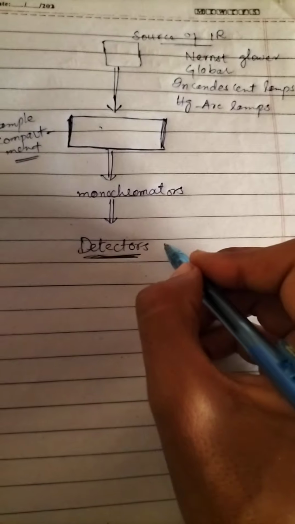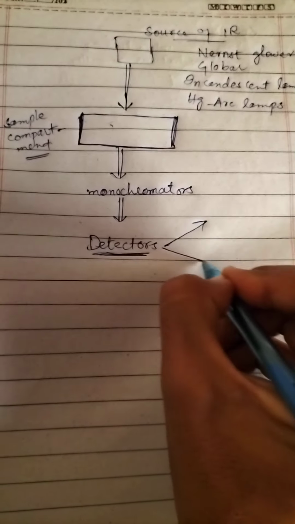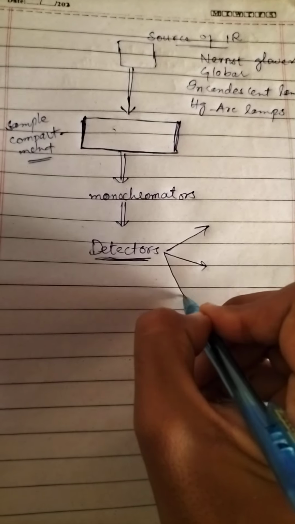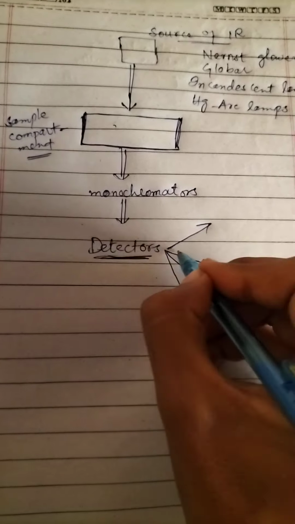Detectors that are used in IR spectroscopy are given on the side.